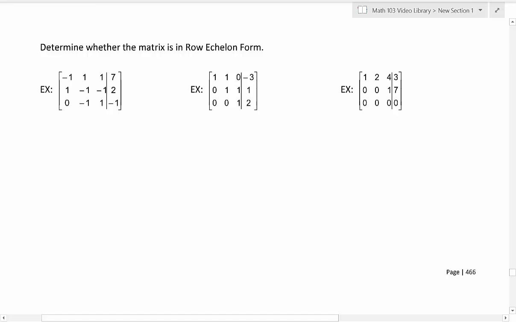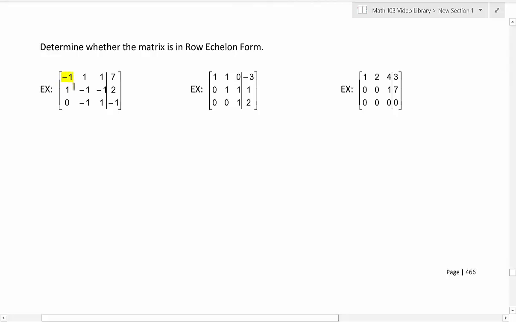And the best way is just to go through the characteristics and make sure that all 4 of them are met. So characteristic number 1 says that if there's a 0 row, it's at the bottom. Well, this first matrix does not have a 0 row, so that characteristic is not applicable. Characteristic number 2 says for each row that isn't all zeros, the first non-zero entry coming in from the left should be a positive 1.